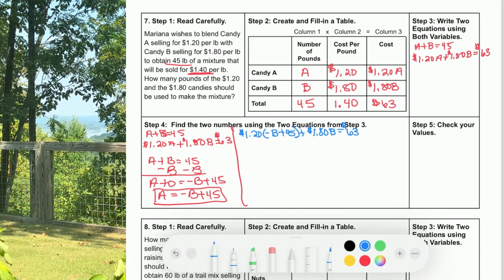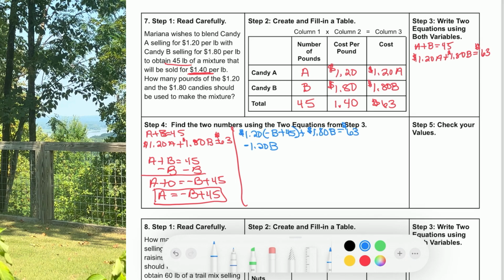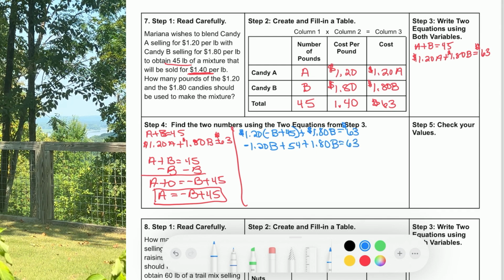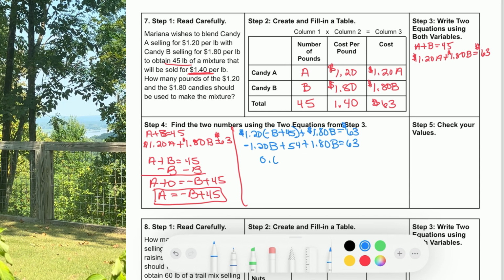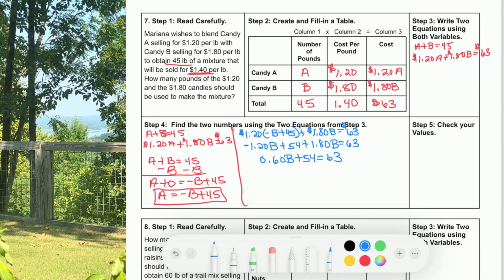I get a negative 1.20B. $1.20 times 45 is 54. And then rewrite the rest of the problem. Combine my B's and I get 0.60B plus 54 equals 63.